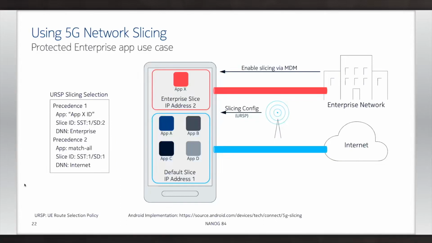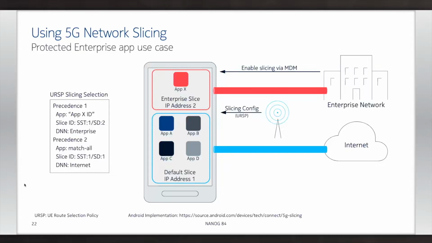So in this case, instead of installing a VPN client, for instance, the enterprise could go and talk to an operator and say, hey, for this specific application in my employees' devices, I need you to protect that traffic and route that directly to my internal network and not have any connection to the internet or any other network.